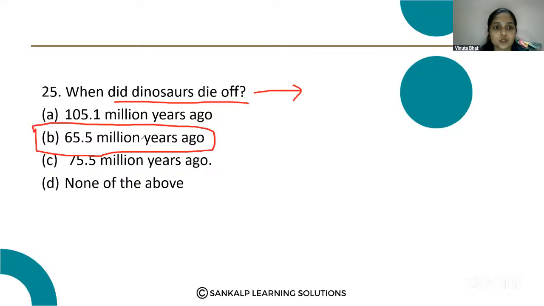Here the correct option is option B. Please note down this one.